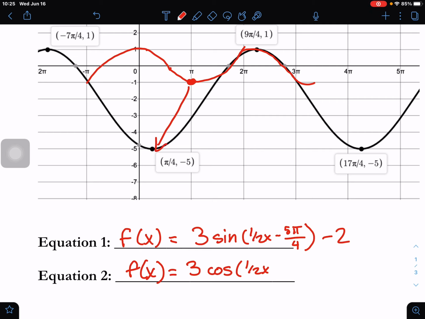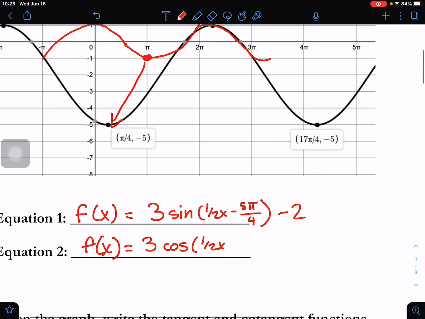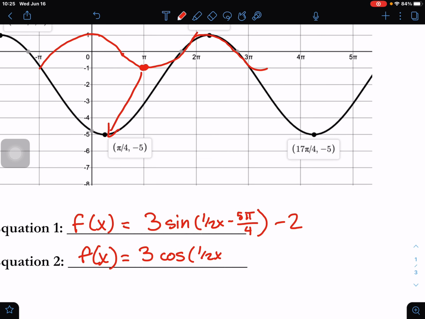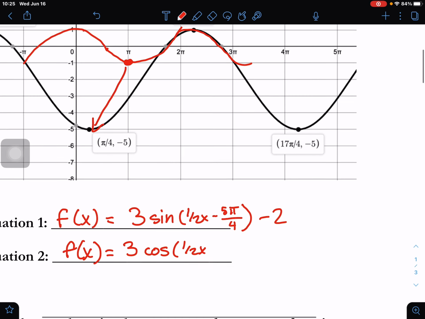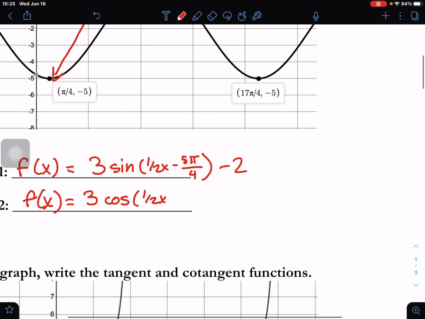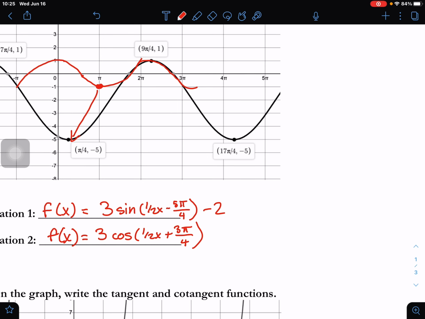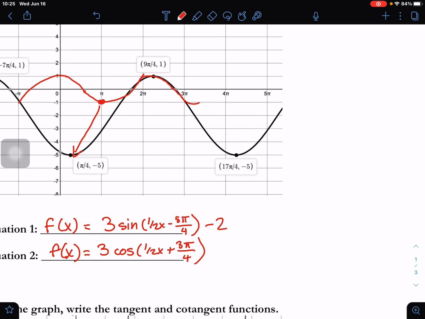So basically what it appears to be is that it is shifted to the left. Shifted to the left by, it looks like 3 pi over 4. So let's do that. 3 pi over 4. And then it looks like it's still been shifted down 2.